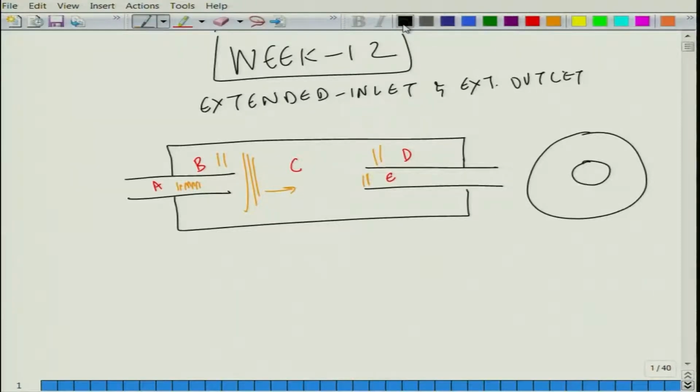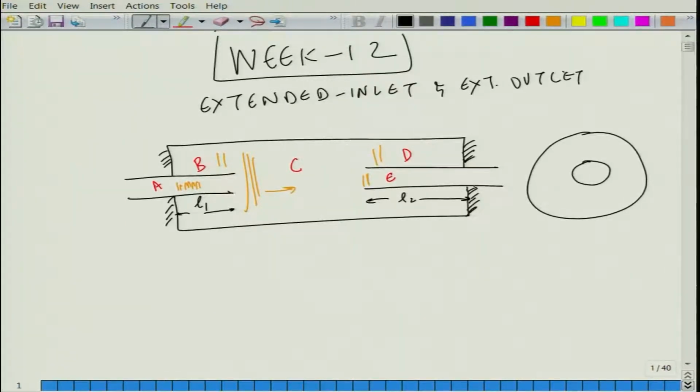Basically, let us say the physical length, the actual length, is L1 here, and this is your L2, the physical length. These end plates are rigid. This annular plate is rigid, that is important.